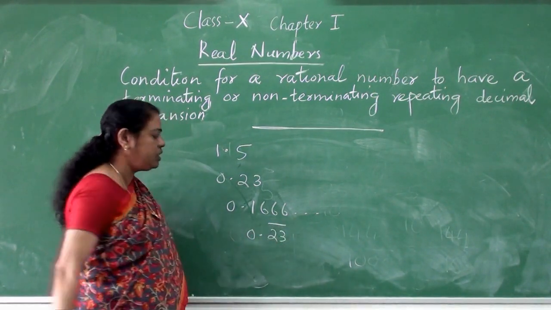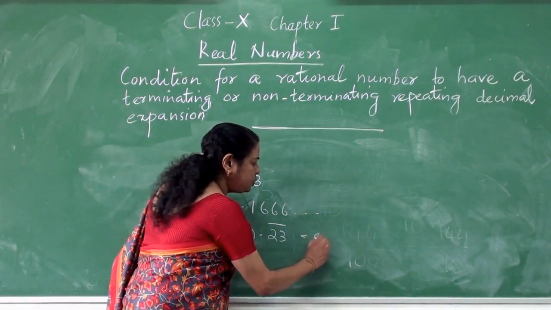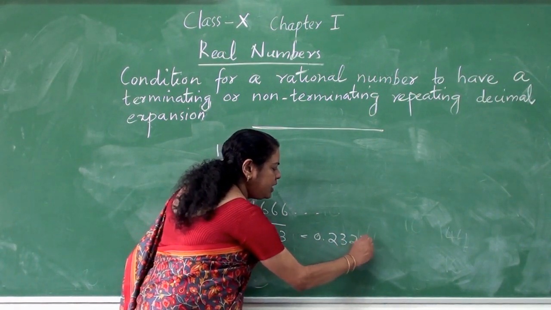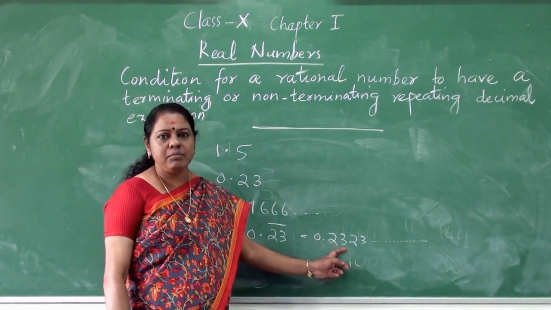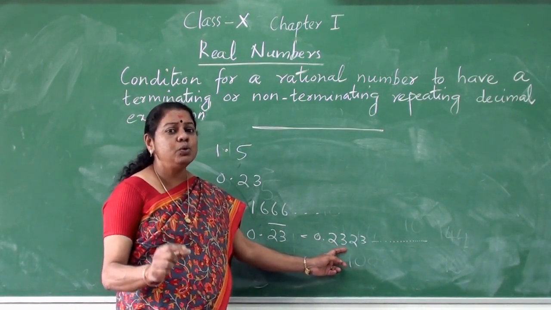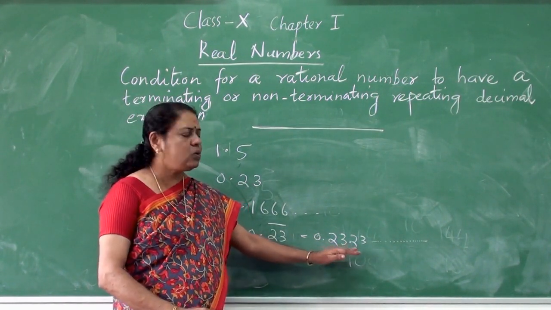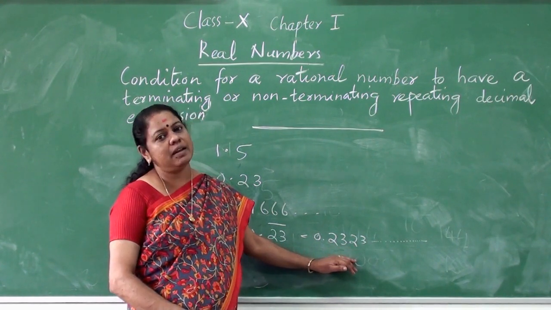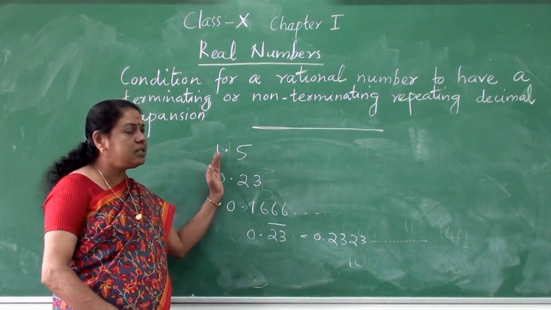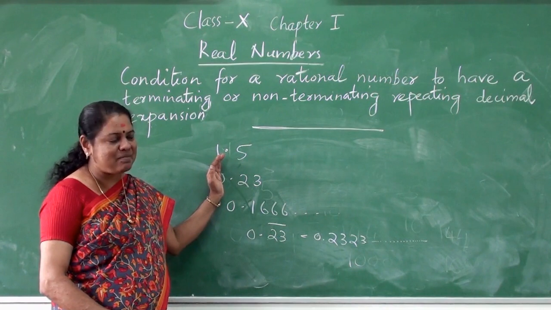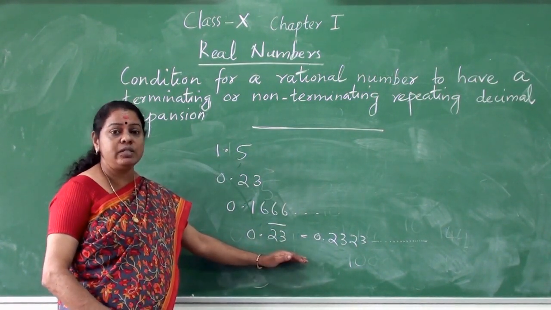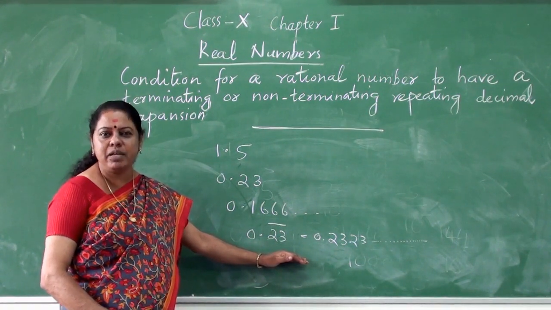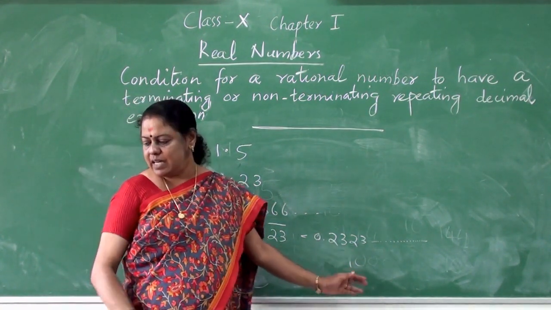That means 0.2323 etc. Here also it's not terminating, but 23 is repeating. So that also represents a rational number. So a decimal expansion that terminates is a rational number, and if it is non-terminating but repeating, then that also represents a rational number, which we have seen in 9th standard.